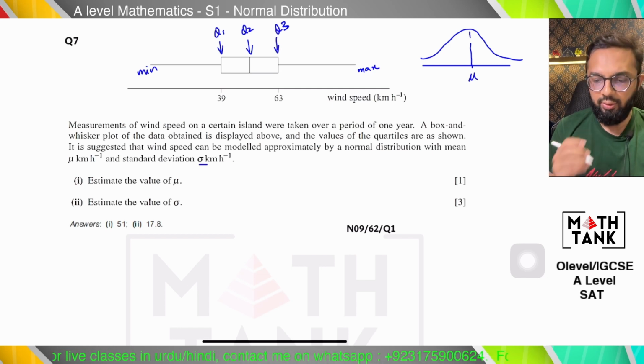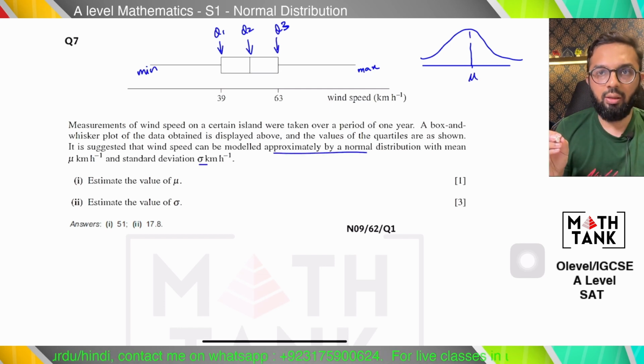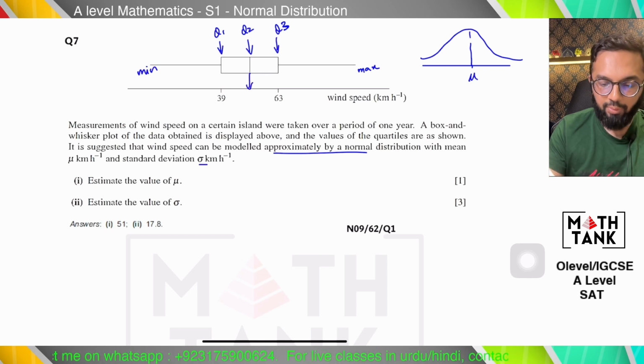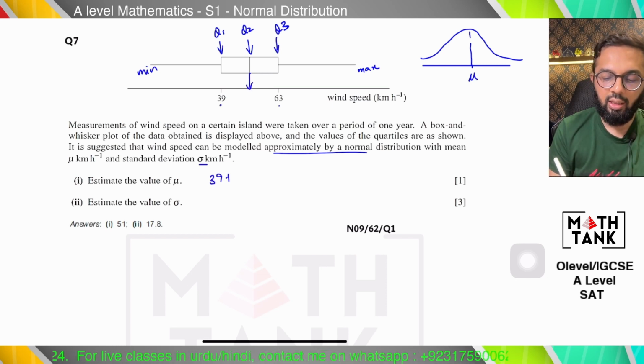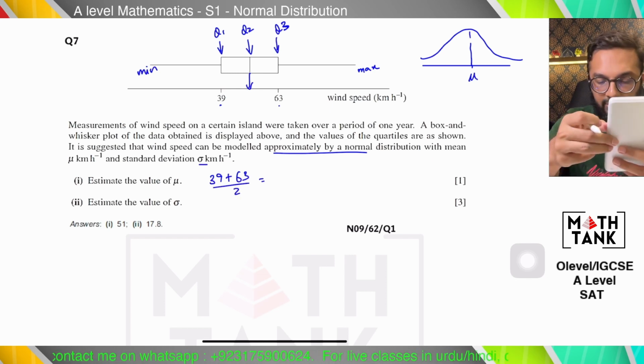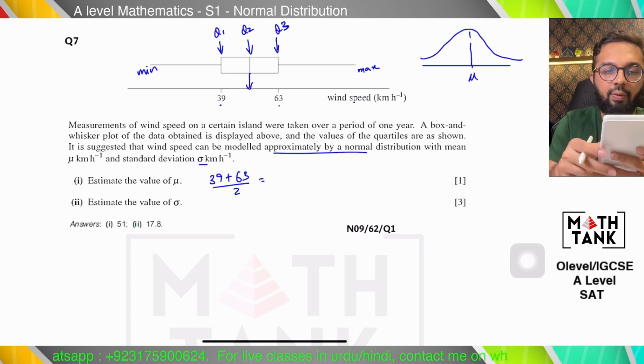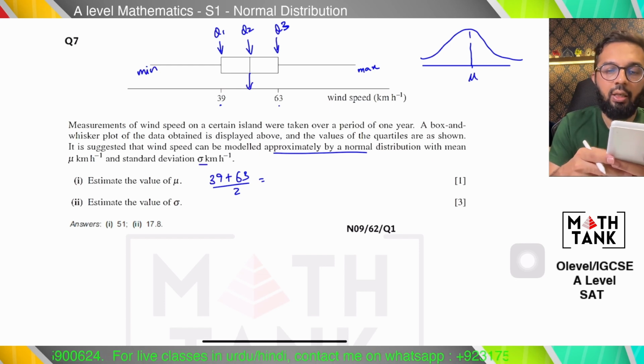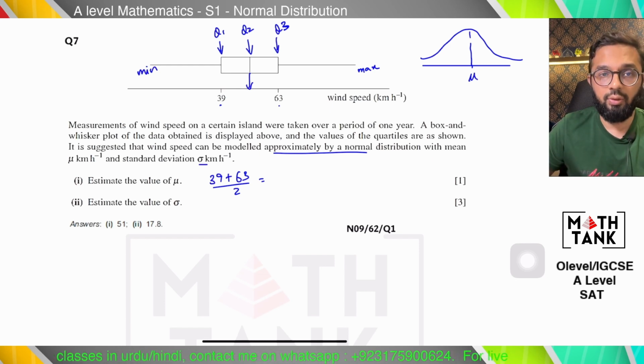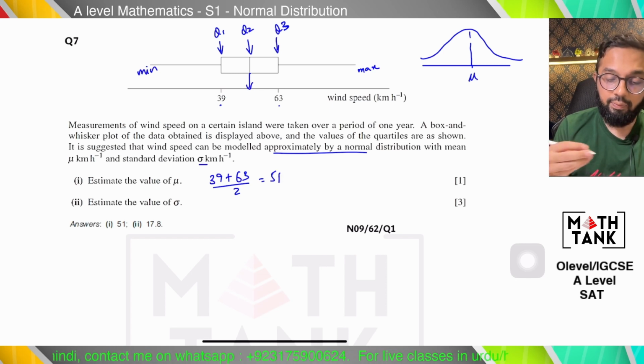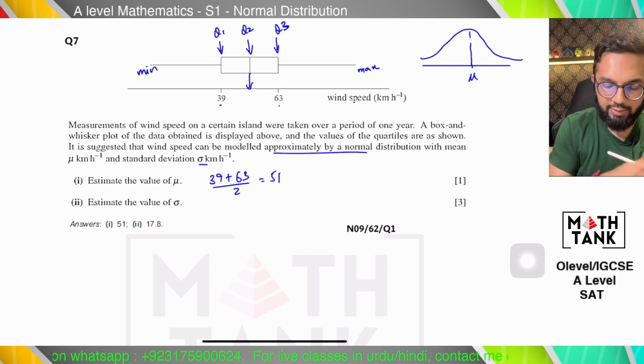Since it's given approximately by a normal distribution, for this one mark, the value of mu is going to be the midpoint of 39 and 63. So 39 plus 63 divided by 2, what does that give us? I think that's going to give us 59, but let me just verify. Sorry, 51, not 59, 51 is going to be the correct answer.